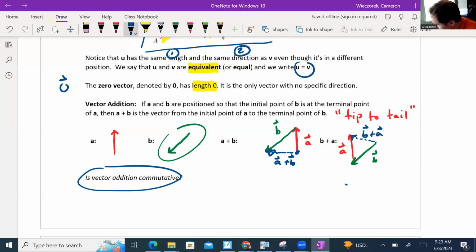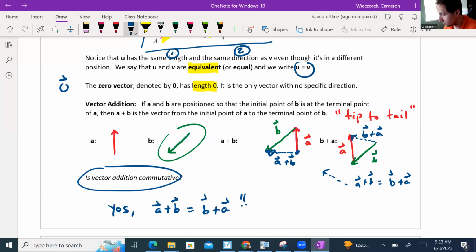Different position, but both of the vectors look the same in the end. This would be A plus B, and it's the same as B plus A. So it does give me the same vector. And yes, A plus B is equal to B plus A, as we would expect.